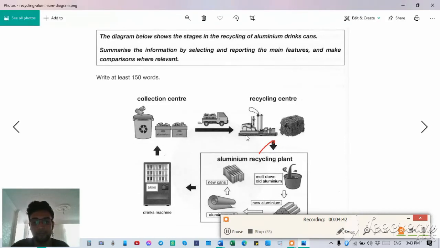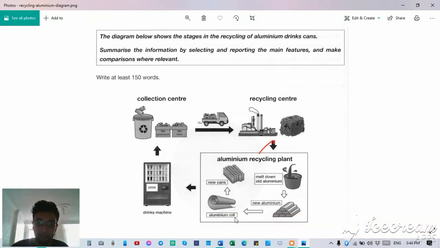Samples of the diagram. Here's another question. As you can see, there is a process. If you're not sure how to divide them, how to put them into paragraphs, then follow my instruction. Here we go. It says the diagram below shows the stages in the recycling of aluminum drink cans.